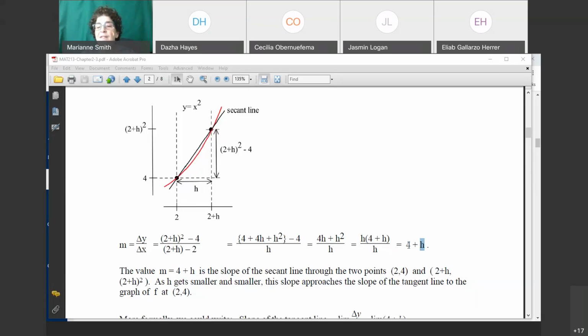And then my slope just becomes 4, the instantaneous rate of change right at 2, 4. But I need the concept of a limit with h approaching 0 in order to make that happen. You normally can't just throw away variables unless you're doing some sort of a math operation.